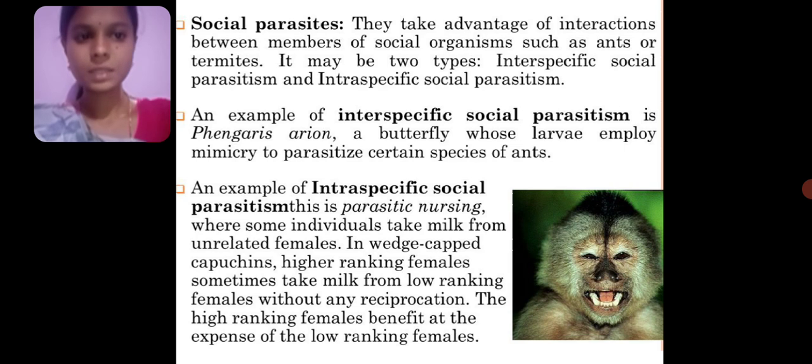Next, intraspecific social parasitism, parasite nurturing, where some individuals take milk from unrelated females, in which higher ranking females sometimes take milk from low ranking females without any reciprocation. The high ranking females benefit at the expense of the low ranking females.